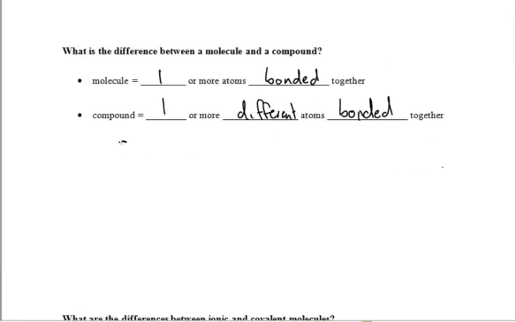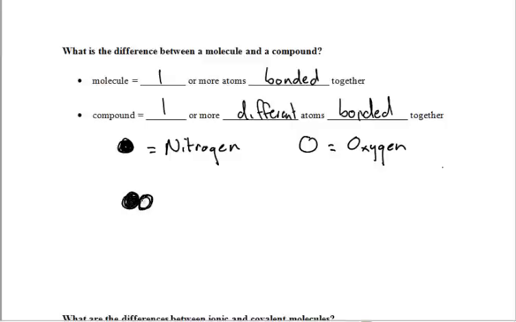So if we were to use a filled-in circle to represent a nitrogen atom, and an open circle to represent an oxygen atom, and we were to have 2 nitrogens bonded together, we'll just indicate bonding by being in contact. This would be N2 gas. We could have 2 oxygens bonded together to equal O2 gas.